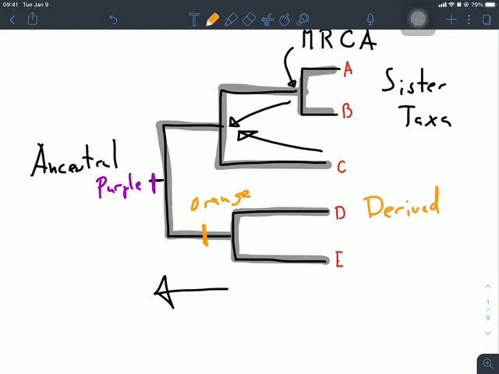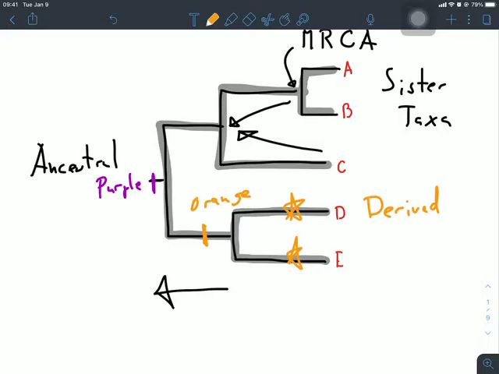In this way, we have now constructed a more parsimonious, a simpler explanation. Rather than having 2 separate events for D and E to change colors independently, we now can say that our best hypothesis is instead that their common ancestor evolved orange flowers and both of them inherit this novel state.